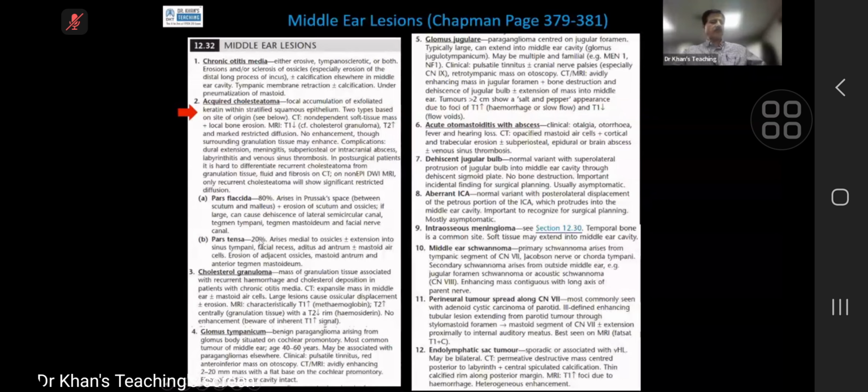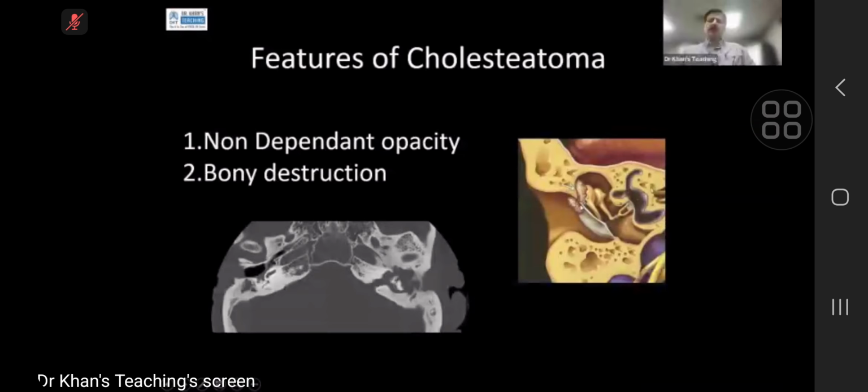Yes. Okay. Now, you have to remember the pathology, what is happening. Basically, the membrane and the skin cells go into the middle ear cavity. And you remember that one of the properties of the skin cell is exfoliation.